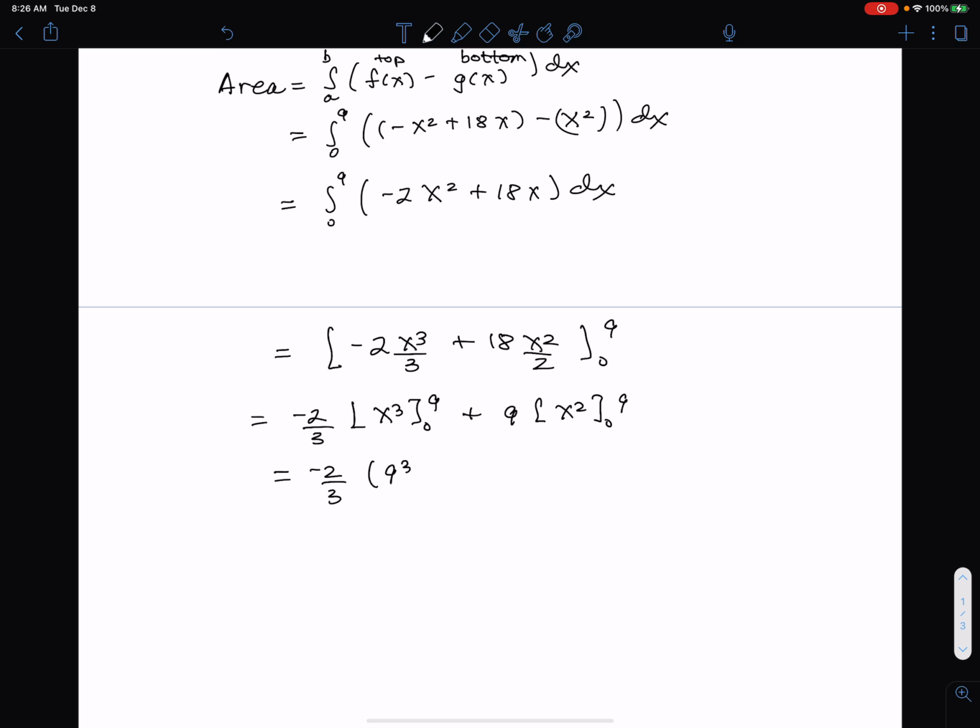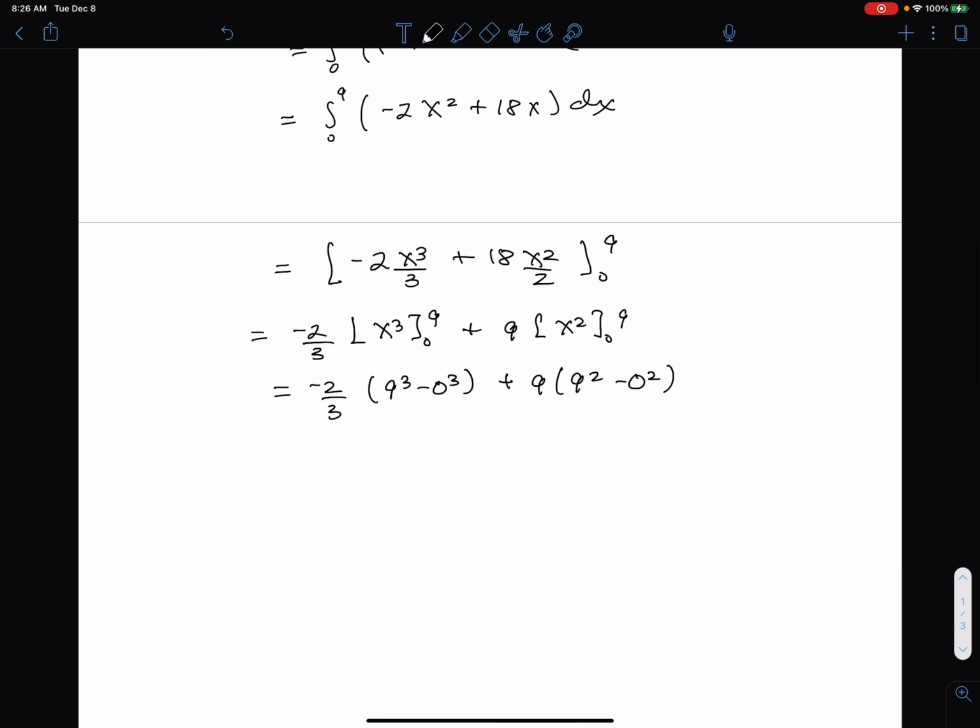So I have 9 to the third minus 0 to the third when I put in 0 and 9, plus 9 squared minus 0 squared. So I'll get negative 2/3 times 9 to the third, plus 9 times 9 squared, which makes 9 to the third. What if I factor out 9 to the third? It seems like that might make everything a little easier.